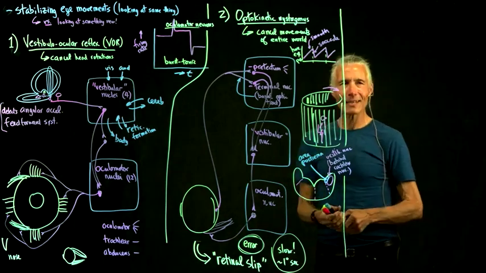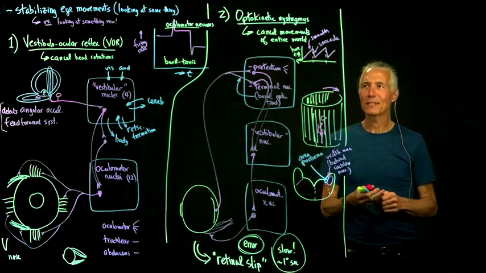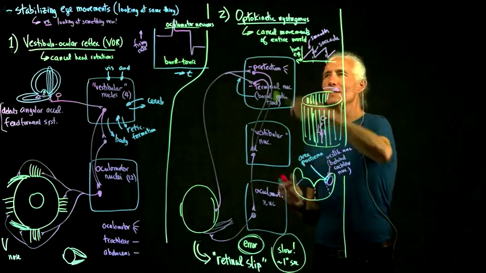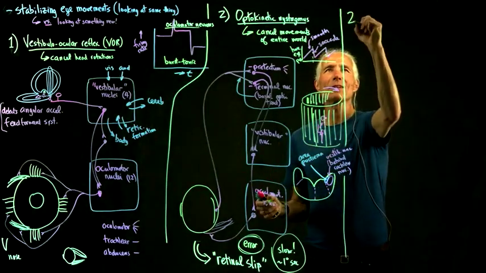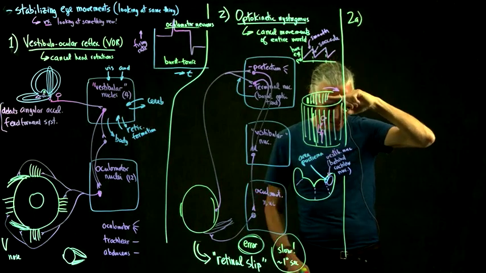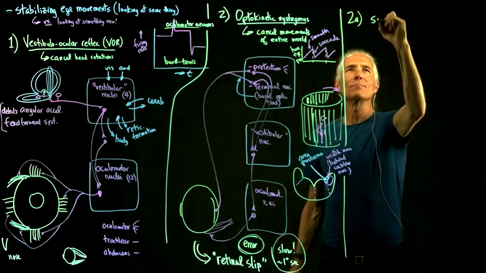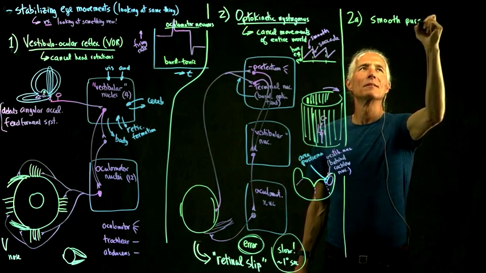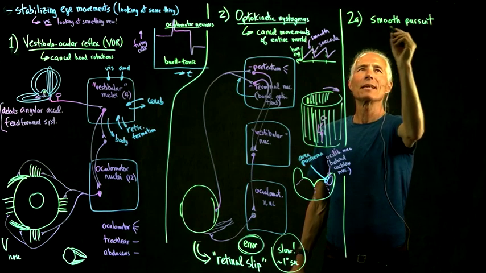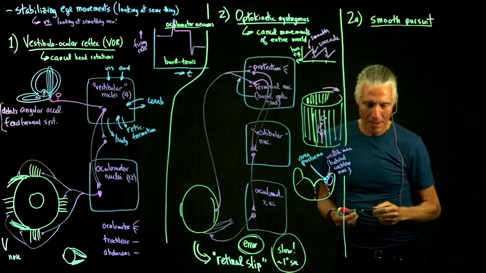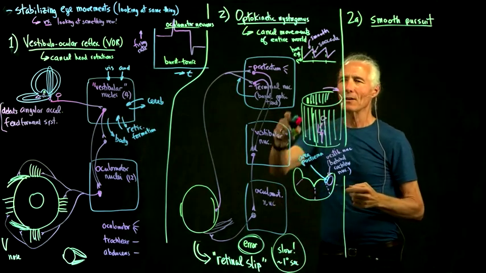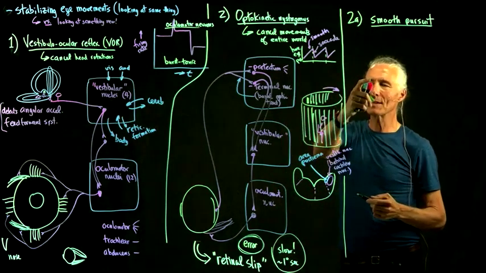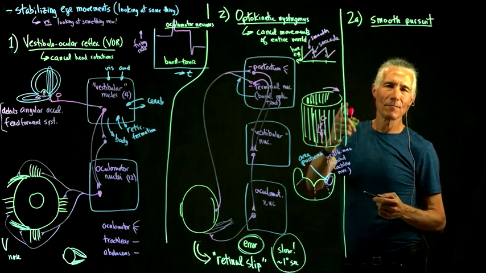Okay, so the last system, it's a kind of a version of optokinetic nystagmus, so we'll call it 2A. And this one is called smooth pursuit. It has a similar kind of goal, which is to use a visual signal to stabilize a visual object.